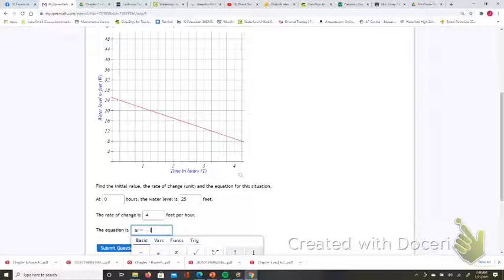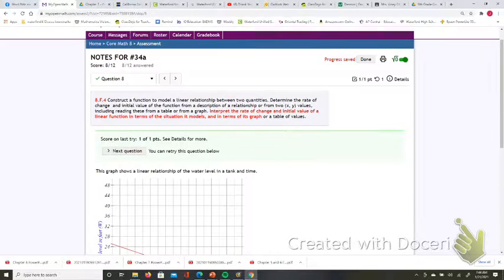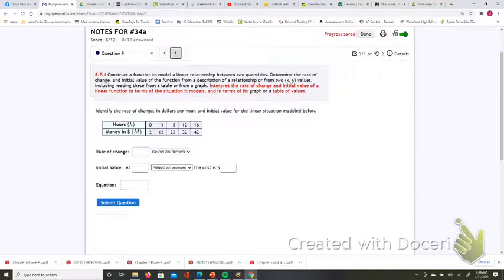And if we look at the x-axis, see how it's t, not x, t. And then plus our y-intercept, which is our initial value, which is 25. So w equals negative 4t plus 25. And then we submit.